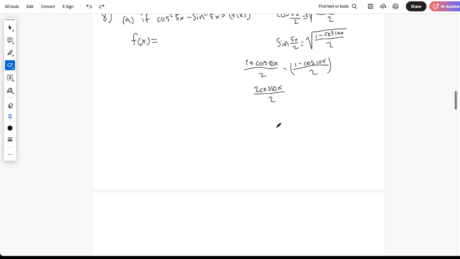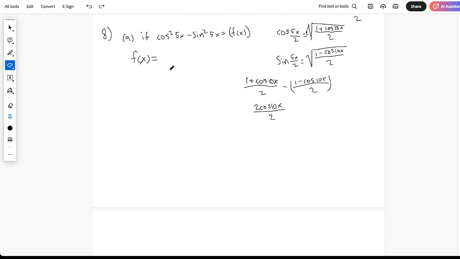I don't know if it's true just yet, but we're just going to write that up here. 2 times the cosine of 10x over 2. And then we're going to do part B because it won't let me submit it until we do part B. And if we're wrong, then we have to come back and do it all over again, which is fine.